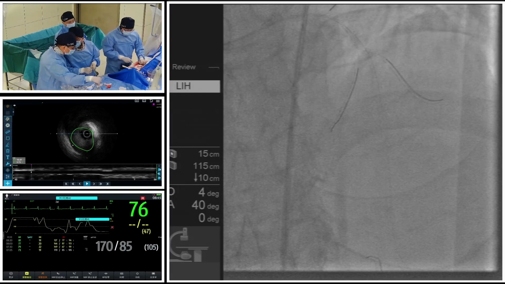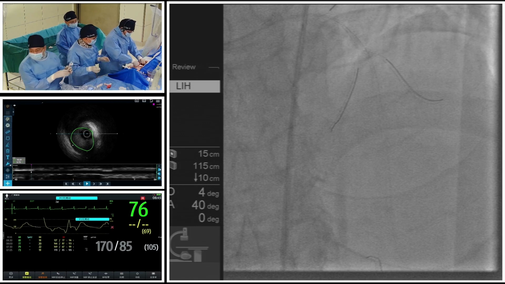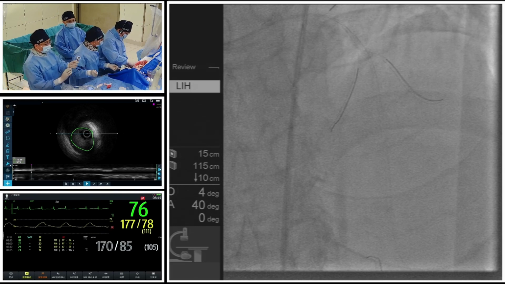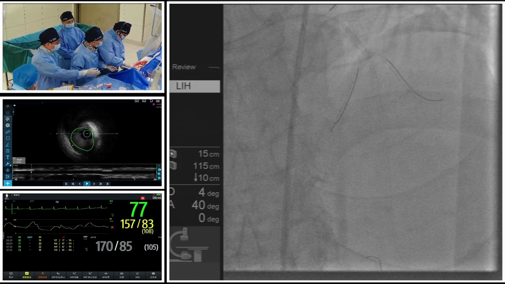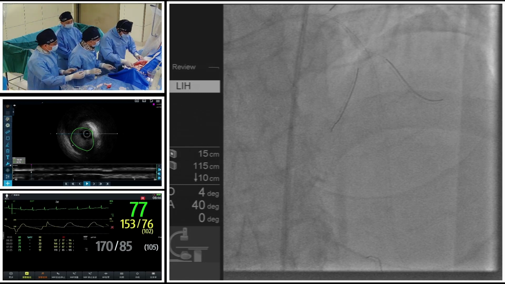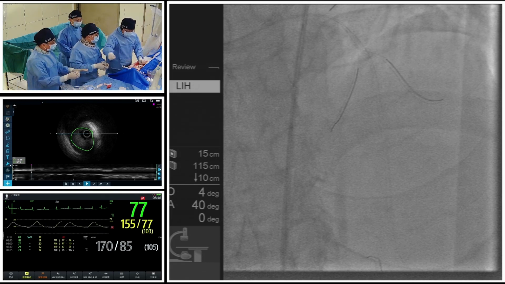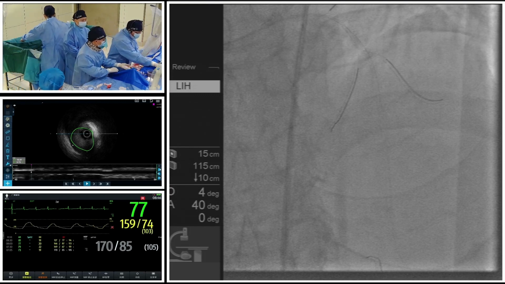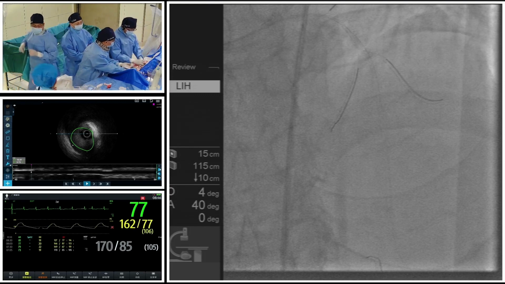So active rotablation can reduce the risk of potential dissections and hematomas in this case, which gives us time and energy to treat the distal calcified lesion and also the bifurcation site. I think that active rotablation first in this case is a good choice. It can avoid some potential complications.